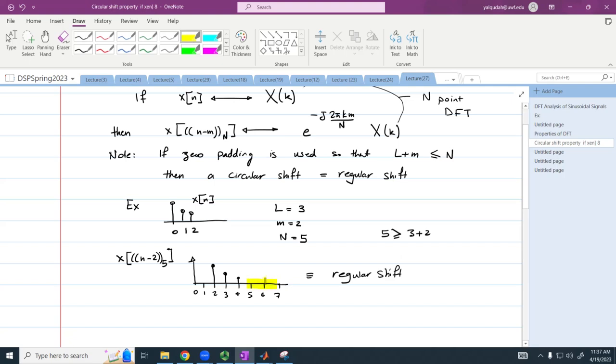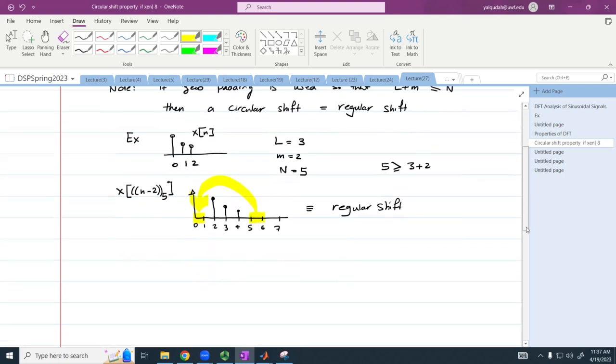Here I'm going to take this signal, move it back to here. Okay. Does that make sense? So a circular shift of the signal will give me an exponential multiplied by the discrete Fourier transform.